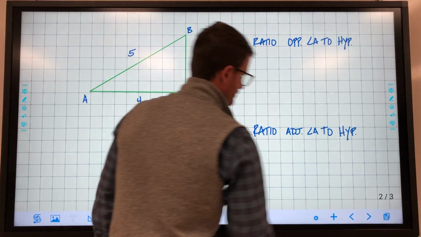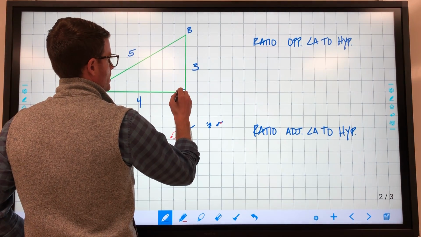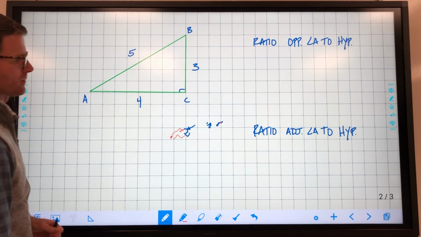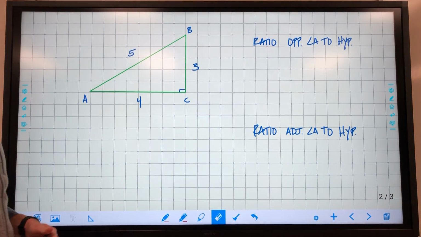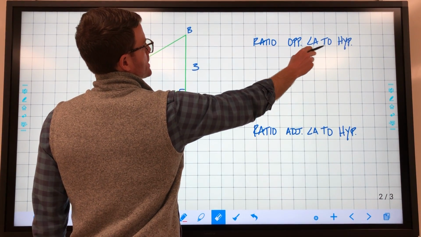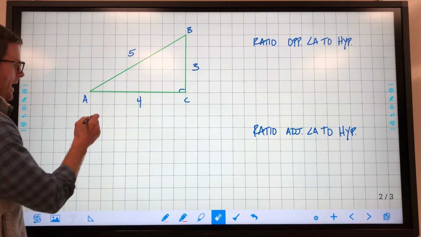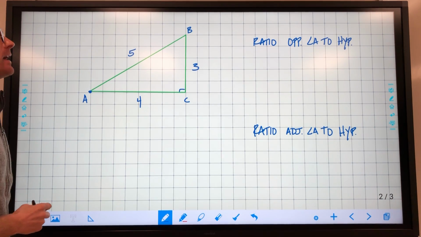Here we go. Here's a right triangle, ABC, and I'm given the side lengths. And I want to find the ratio of the side opposite angle A to the hypotenuse. So I'm looking from angle A. What is the opposite side?